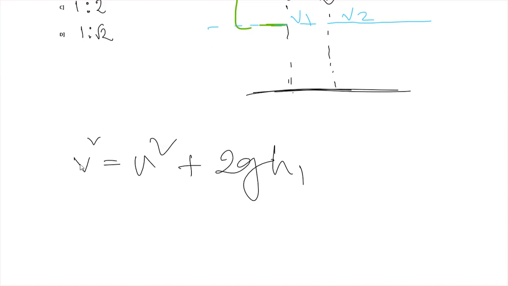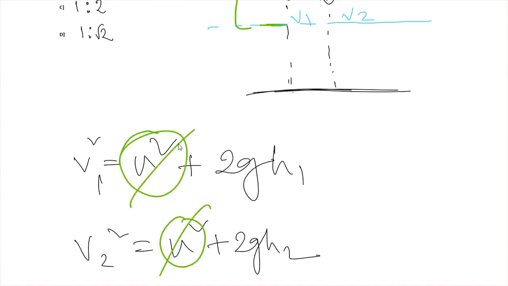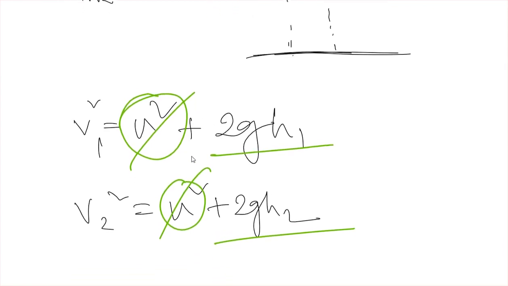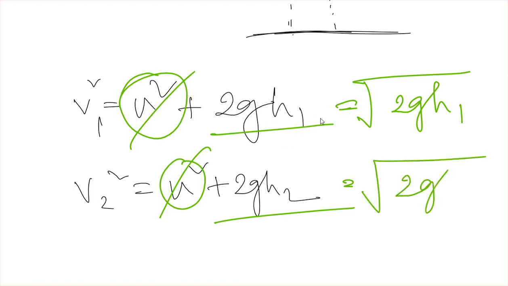For the case h1, v1, and for v2 that will be u square plus 2gh2. So the u for both the cases will be 0, so this part will remain. So what will be v1? v1 will be root under 2gh1 and v2 will be root under 2gh2.